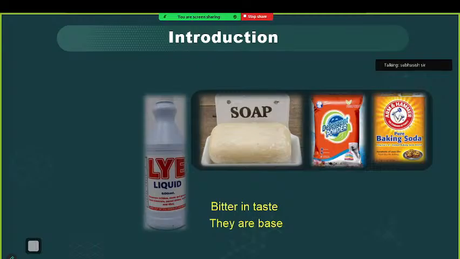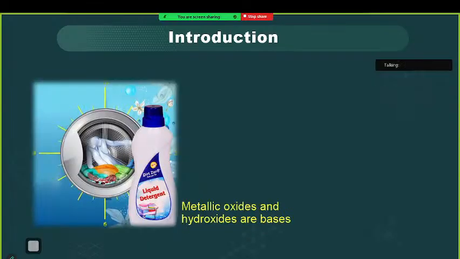Now if you consider the alkalis or bases, they are bitter in taste. They also have some uses, like they are used to prepare soap or detergent powder, even baking powder, etc. So both acids and bases have their own applicability.